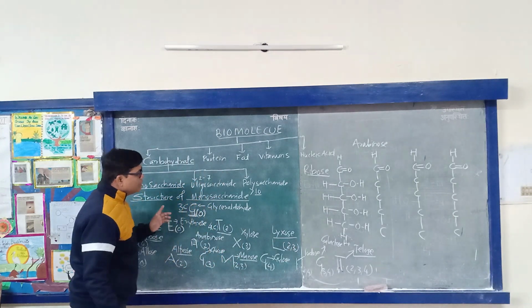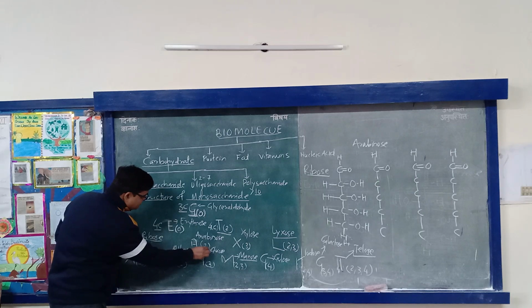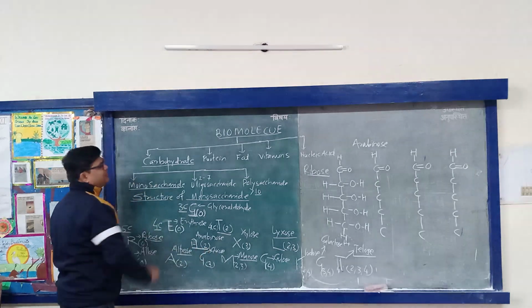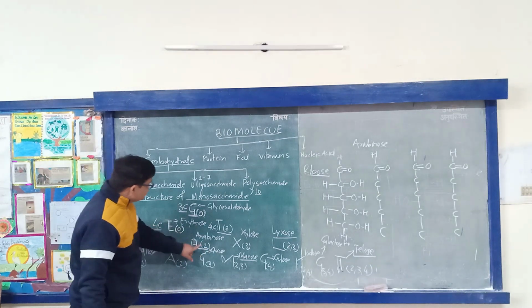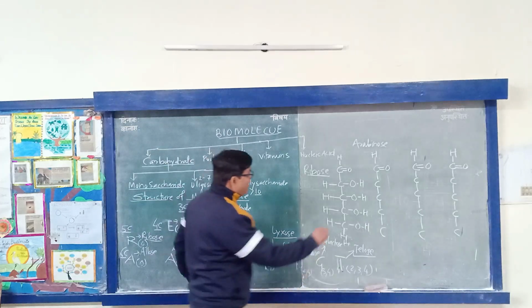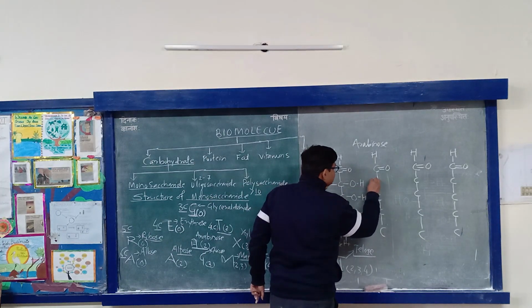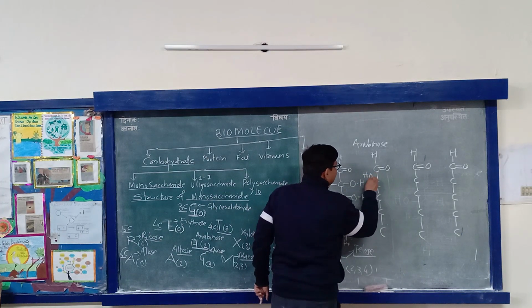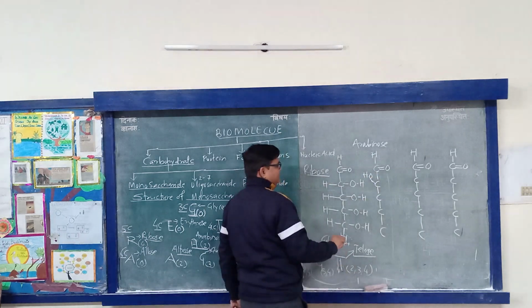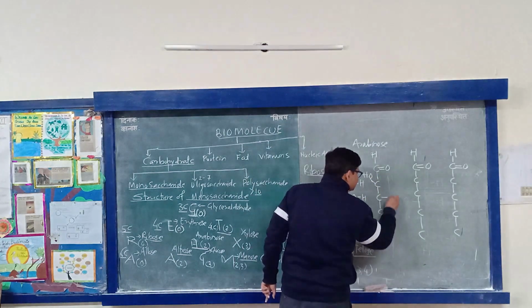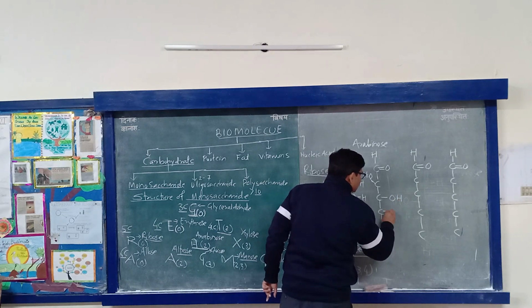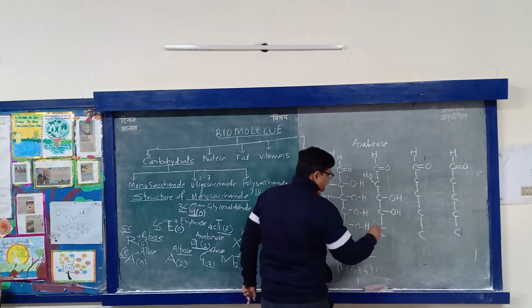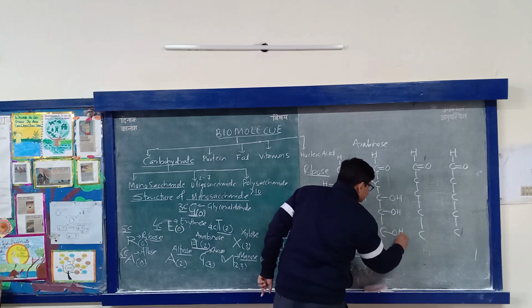Okay. So I am going to start drawing the chemical structure of arabinose. So you have to remember 2. 2 means at carbon number 2 you have to indicate the hydroxy group. Okay, like that. And then on the rest of the carbons you have to draw the hydroxy group like that.